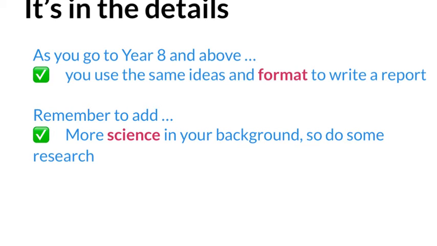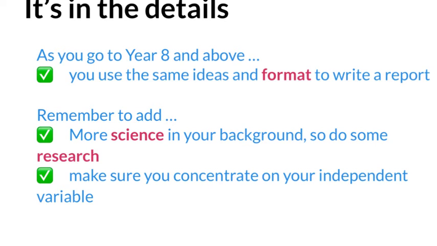Right, I would be suggesting that a lot of the work you do is dependent upon your independent and dependent variables. And that's why I've said this here. Concentrate on the independent variable. If you're talking about how light intensity affects photosynthesis, carrying on with the same theme, then obviously your background information would be about light intensity and how photosynthesis occurs.